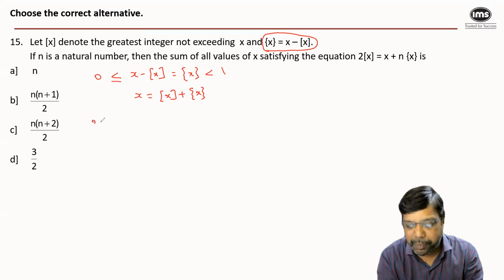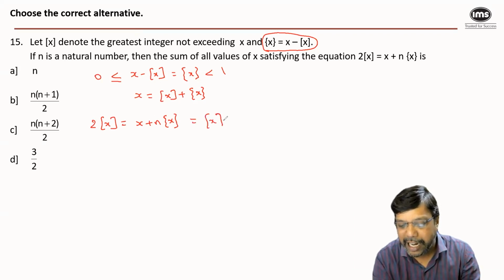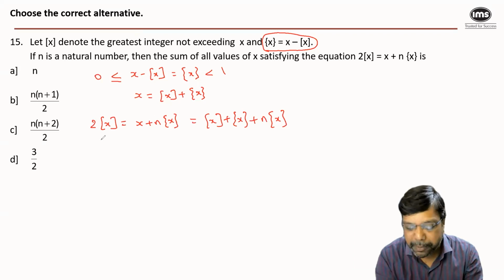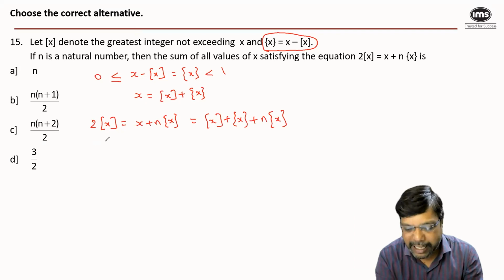It is given that 2 into [x] is equal to x plus n into {x}. Now, if I substitute x as [x] plus {x}, plus n into {x}, and bring [x] to the left side, 2 into [x] minus [x] becomes [x] alone.